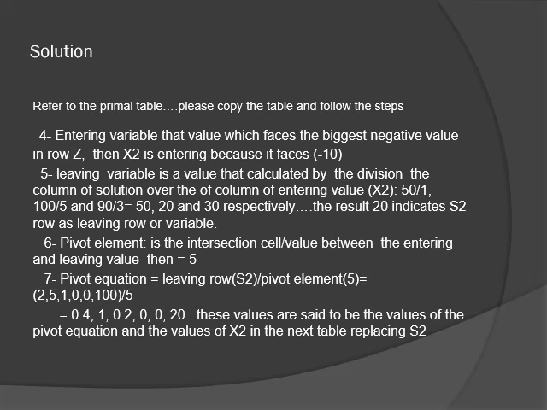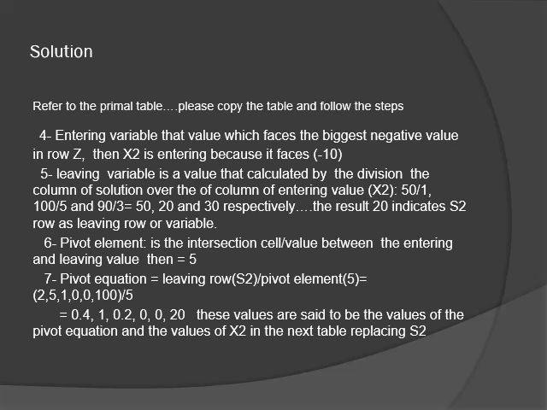The exiting row, or leaving row, is the row of S2: 2, 5, 1, 0, 0, 100, over the pivot element 5. The result is 0.4, 1, 0.2, 0, 0, 20.